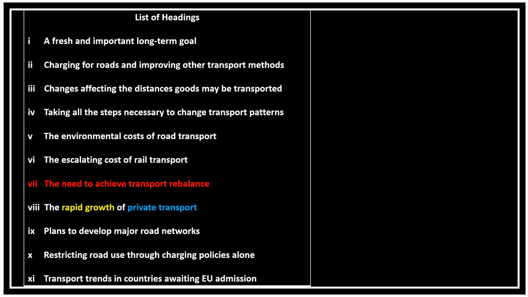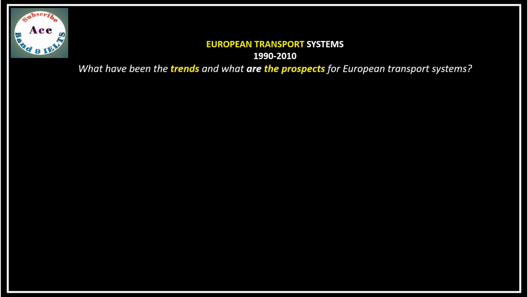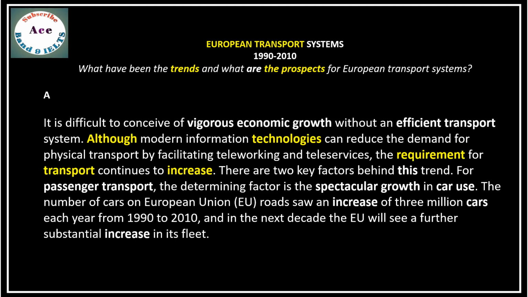Are they related? Yes, cars come under private transport. So it's like fruit and apple. Apple is a type of fruit. Similarly, car is a type of private transport. Hence, option 8 is the appropriate title for paragraph A, the first paragraph.